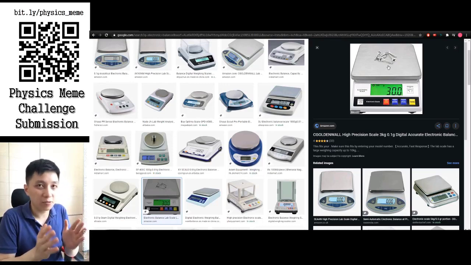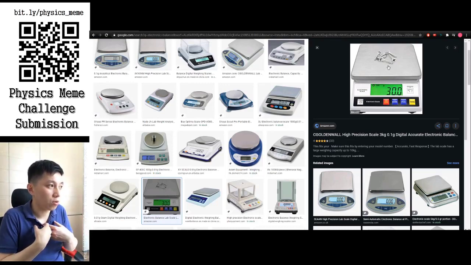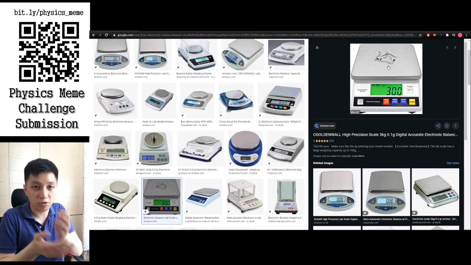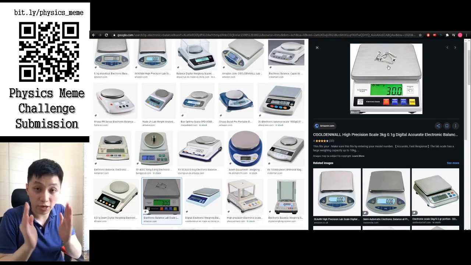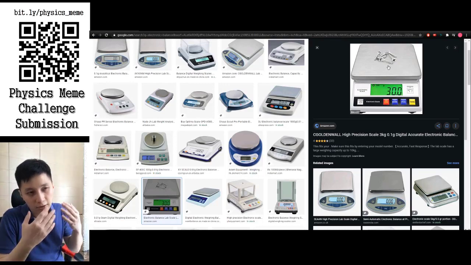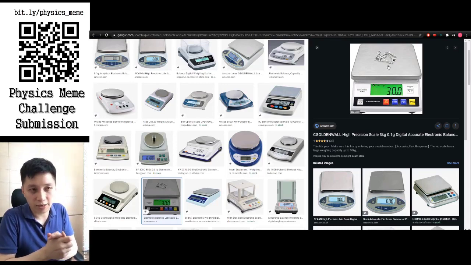Because as a physicist, we want to be more safe. When we talk about something, if we don't know about something, then we will just say we don't know, or we can enlarge the possible range depending on the evidence that we have.